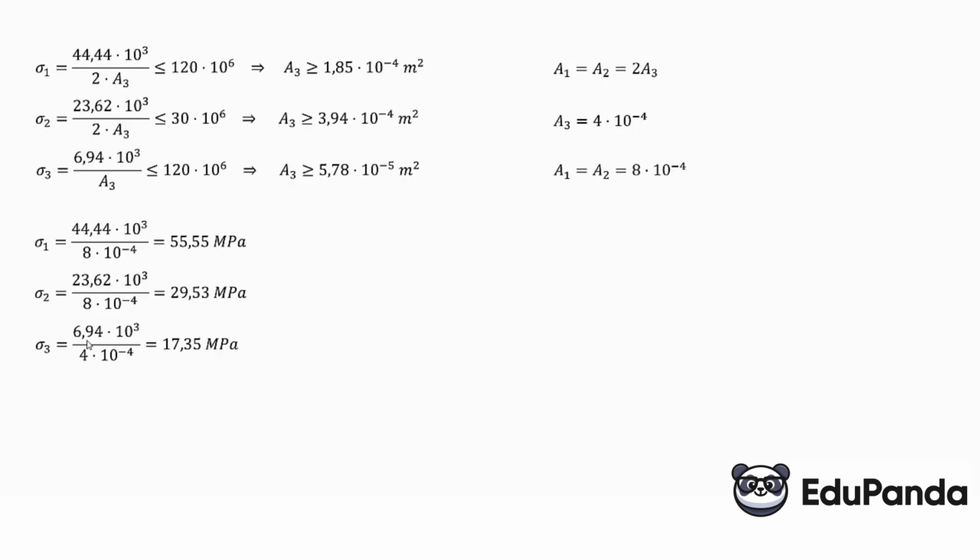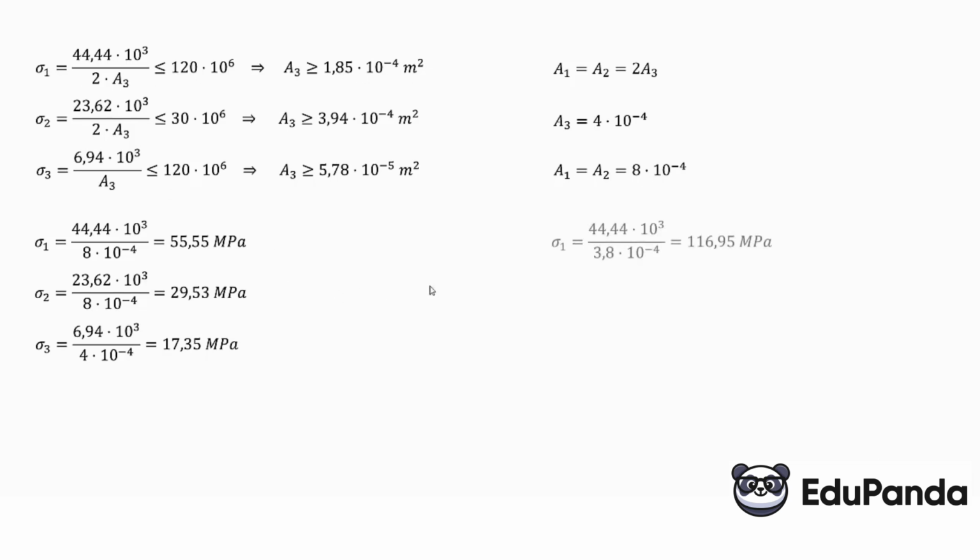But what would happen if we made a mistake in dimensioning here, and dimensioned not for this condition, but say for the condition of the first bar? That is, if we assumed, say, 1.9 for area A3. If we assumed area A3 as 1.9, then A1 and A2 would be 3.8. So let's check that. Thus, we dimensioned for the first condition, which is incorrect.